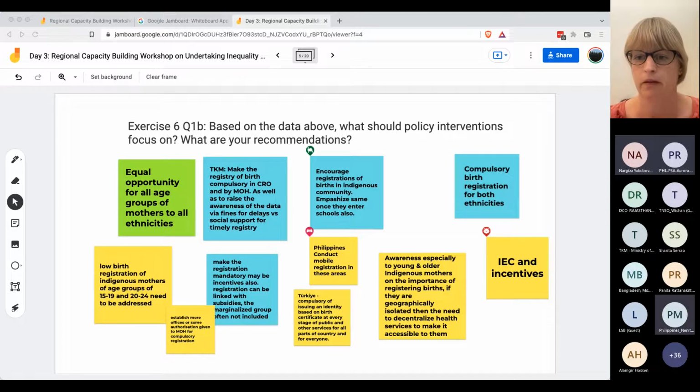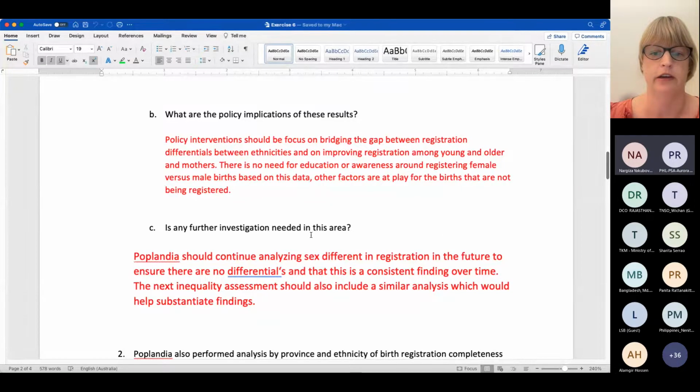Okay, so going back to our exercise, we're going to skip the next question, which asked whether any further investigation is needed. My comment here was just that this particular inequality assessment didn't find any sex differentiation, which is good. But that doesn't mean in the future you shouldn't examine it.